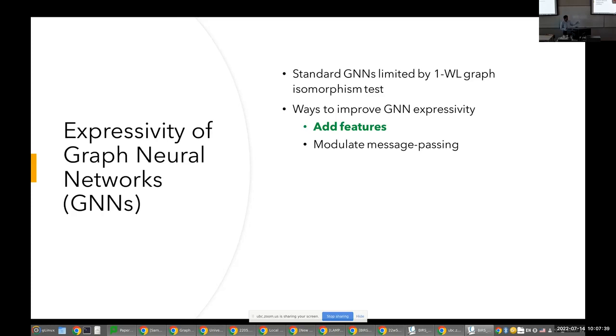This is the approach taken by works such as directional graph networks, where they compute flows according to Laplacians and try to anisotropically aggregate messages. The third approach is to modify the underlying graph on which the message passing happens. A good example of this is the k-order GNNs, such as the one that Christopher was talking about yesterday, where you're operating on a graph that involves tuples of vertices.